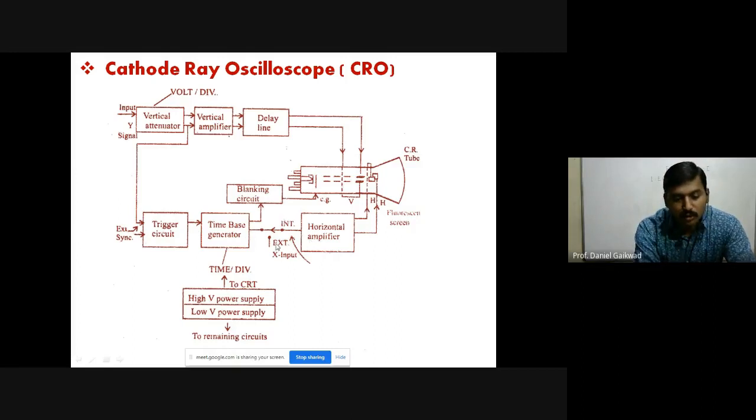So we have the choice of INT internal and EXT external X input. We have Y input and X input, so these are the X displacement and Y displacement. So this is the block diagram of the cathode ray oscilloscope.